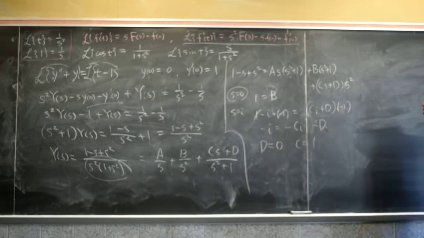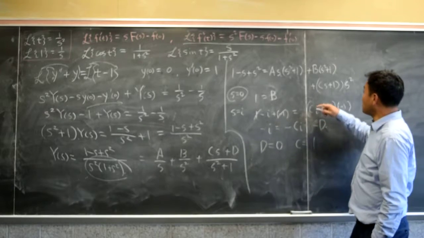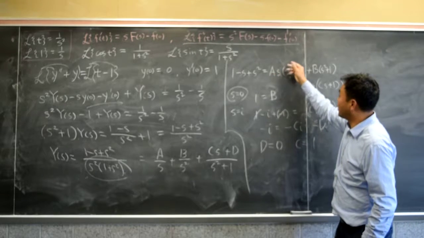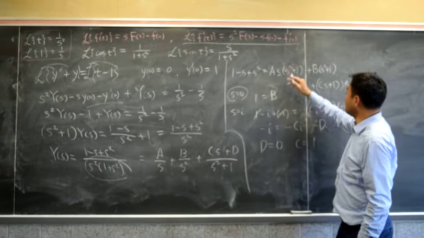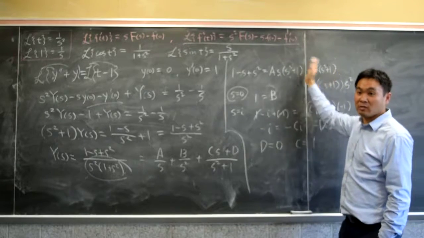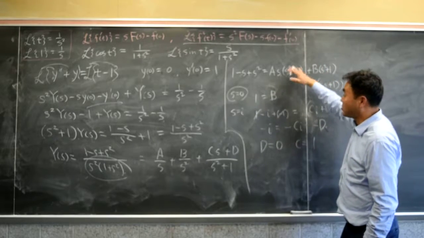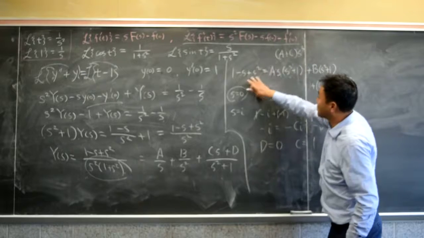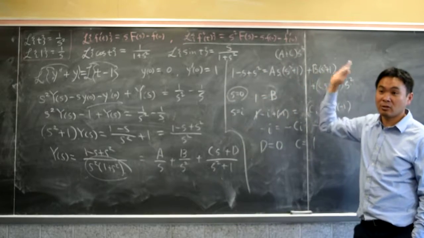And then to get A, you do something called matching the highest order. If you multiply A s by s squared, that's A s cubed. That's the only time you get s cubed besides C s cubed on the right side. So there's (A plus C) s cubed on the right side, whereas on the left side, do you see s cubed? You don't, right?